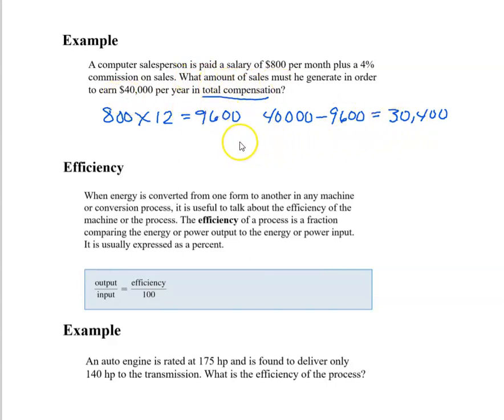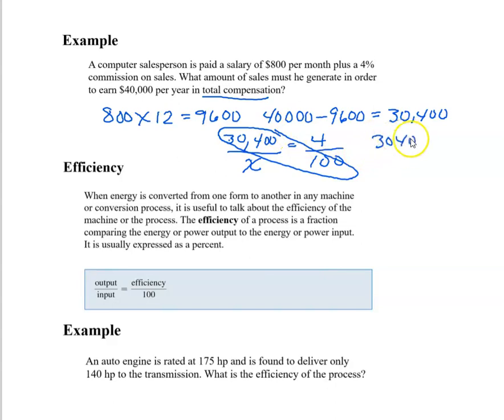Well, he only gets 4% for commission. That 4% of whatever he sells needs to be equal to 30,400. So we would do our cross multiplication. So 30,400 times 100 is equal to 4x.